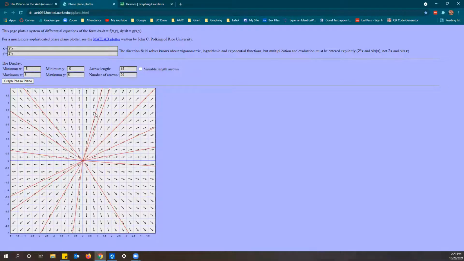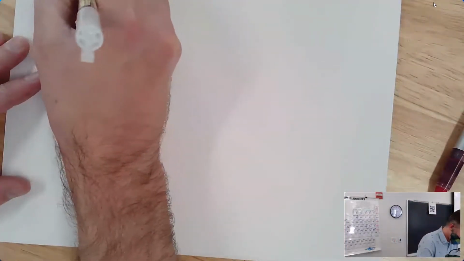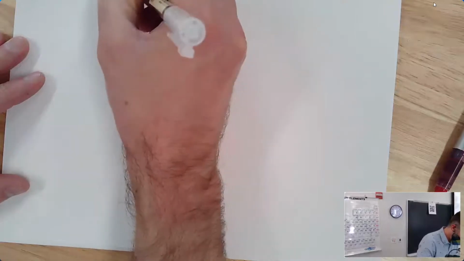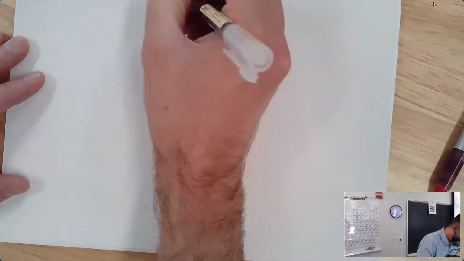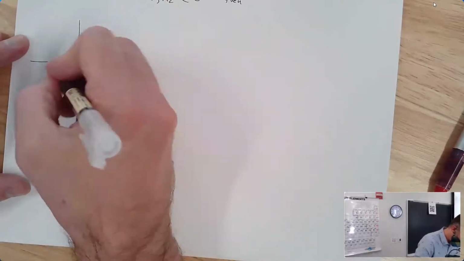That's one possibility. Another possibility that we've seen is that if both eigenvalues are negative, then we have something that looks like this.